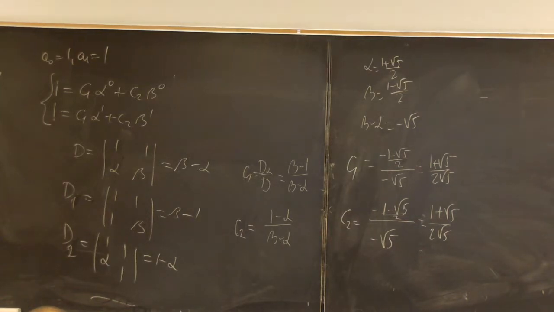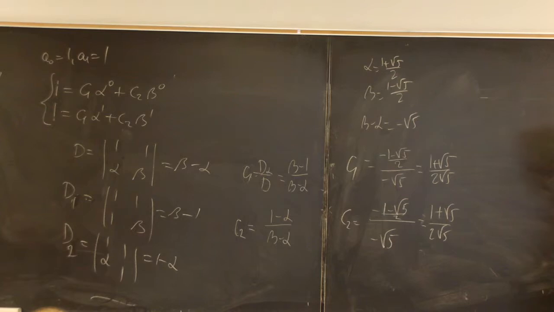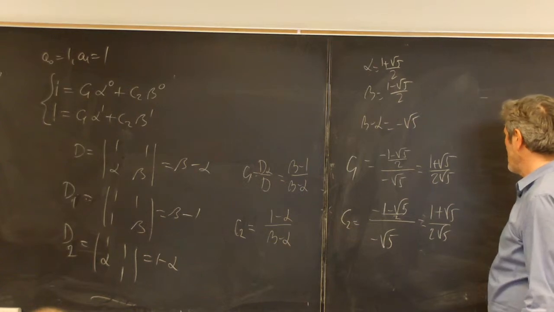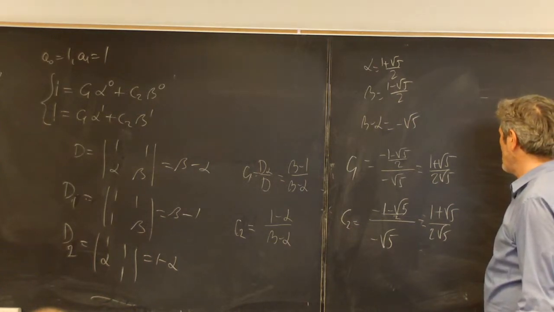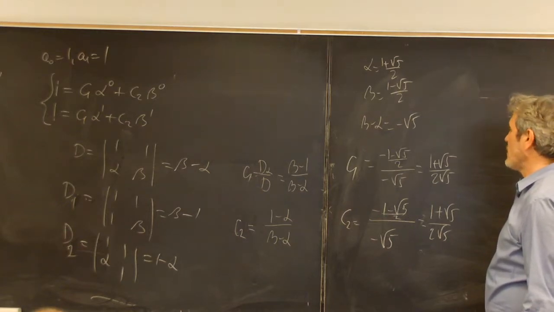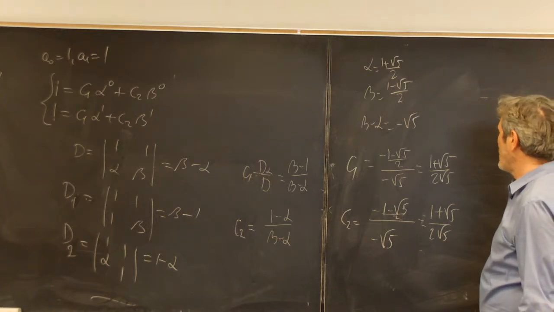One of them, I should have a minus on this one. Yeah, you should have a minus on C2, sorry. Oh, C2 should be 1 minus root 5, because you have 1 minus alpha, and alpha is 1 plus root 5 over 2. So for C2, the numerator should be 1 minus root 5 over 2.